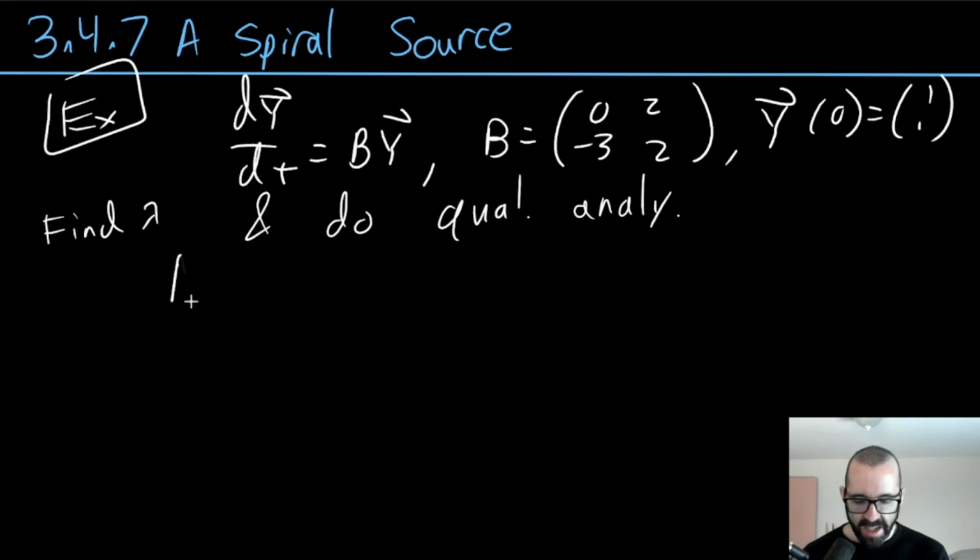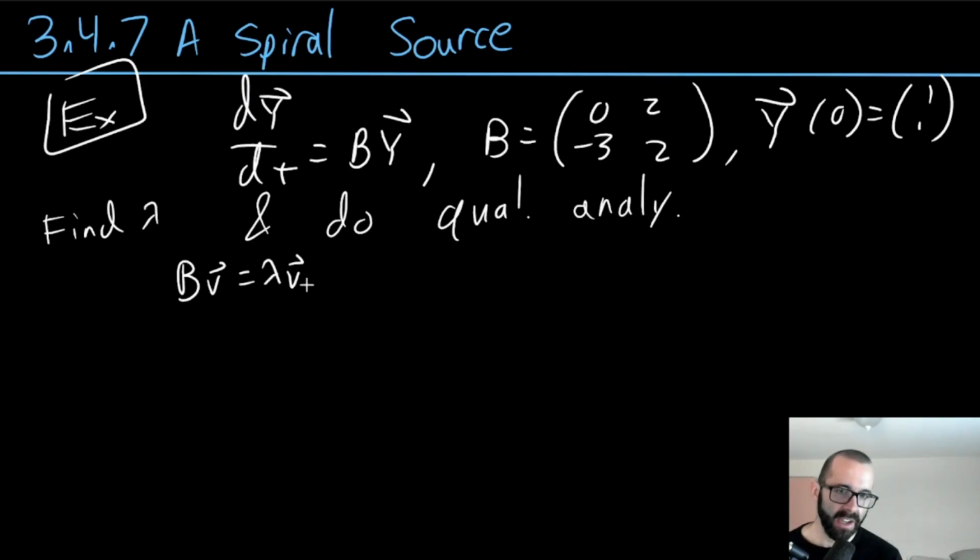So we remember that eigenvalues are the things that make this true: the matrix times the eigenvector equals the eigenvalue times the eigenvector. Our matrix is B here, so we'll write Bv equals lambda v. In order for that to happen, we need Bv minus lambda v equals 0.